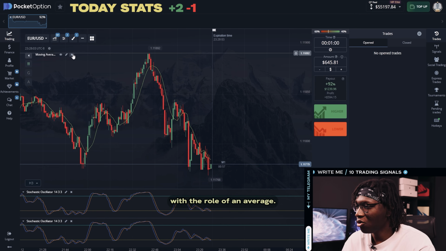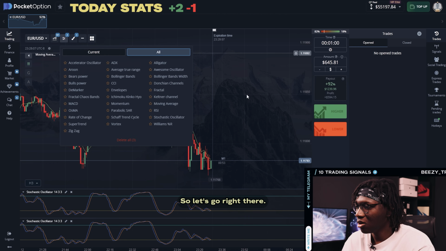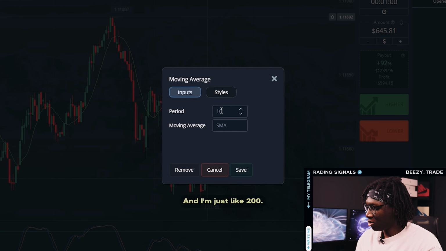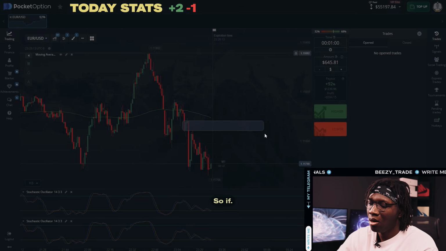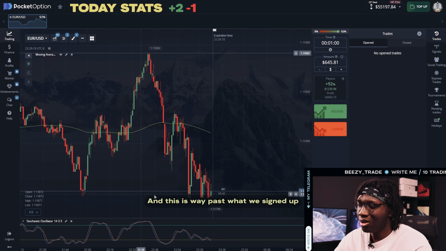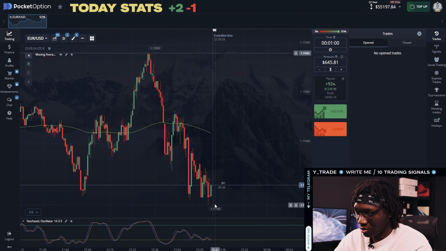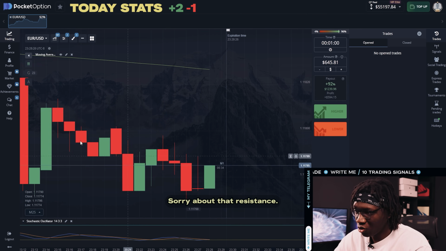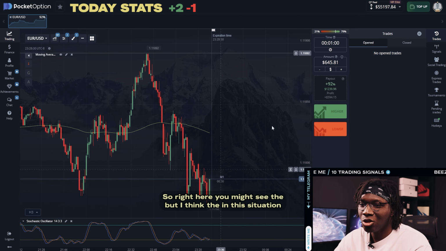I removed the wrong moving average, so let's go right there, and I'm just gonna do my 200 EMA. All right, so you might be thinking the zones just because we entered into that trade, and this is way past what we assigned as our support. Sorry, my bad, resistance.